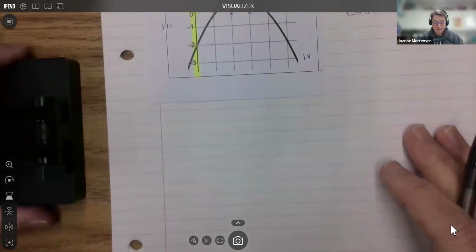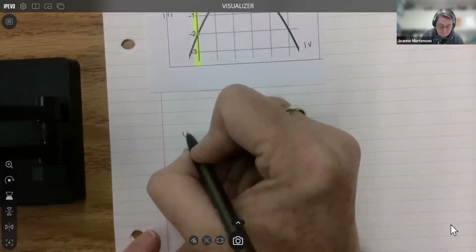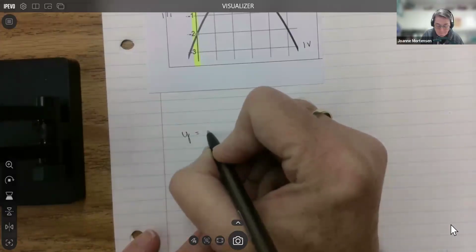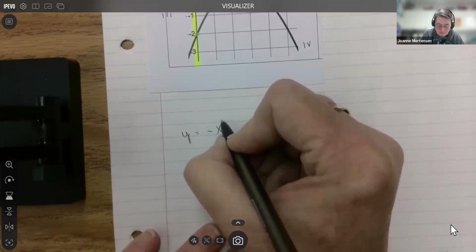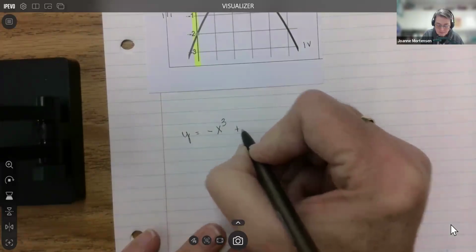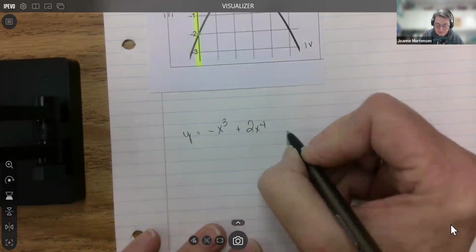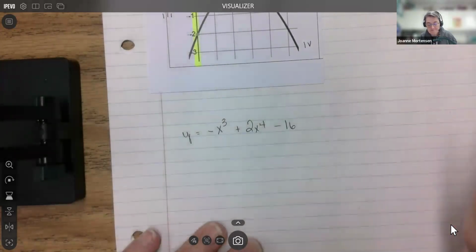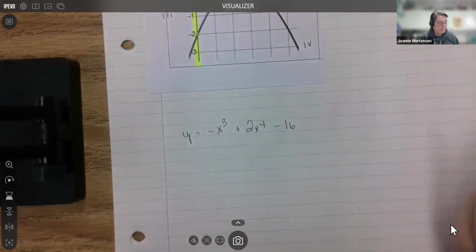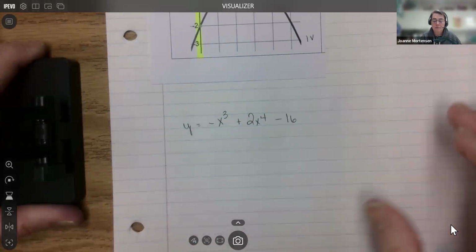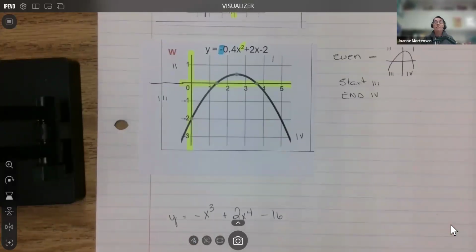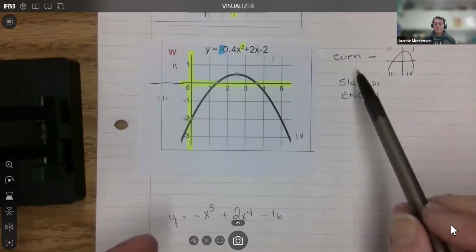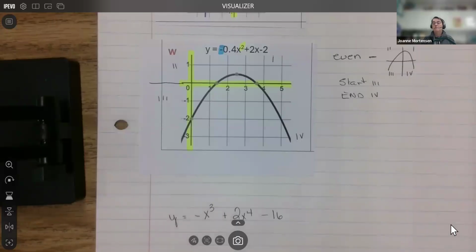Let's do one more. Okay. So again, the starting, if you have the graph, you honestly don't need that part.